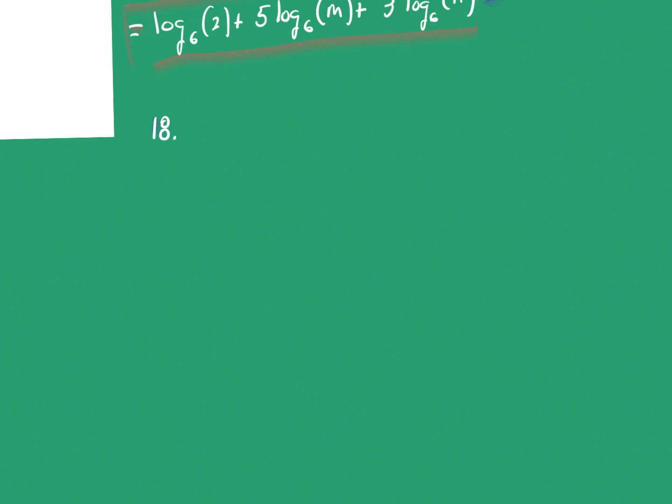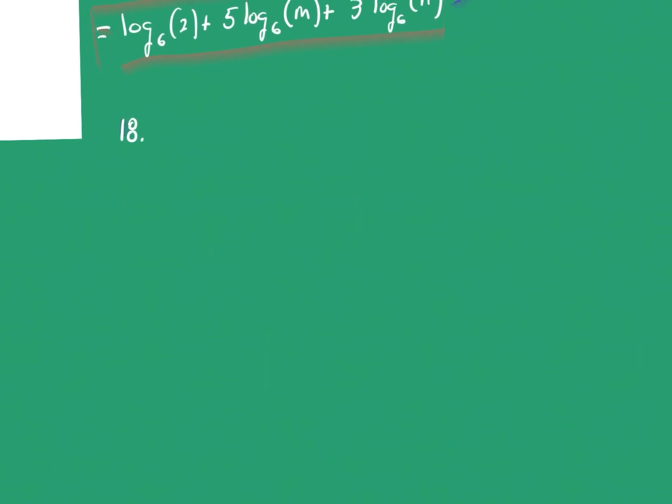So number 18, we have 9 ln of x minus 6 ln of y. I'm going to put parens here, even though they didn't in the book. And so here they want us to write this as a single logarithm.